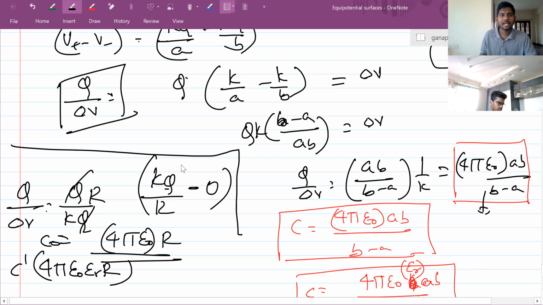Another way you can also write it, if you remember this formula: I'll send AB to the denominator. Then you will get 4 pi epsilon naught into 1 by (B by AB minus A by AB).